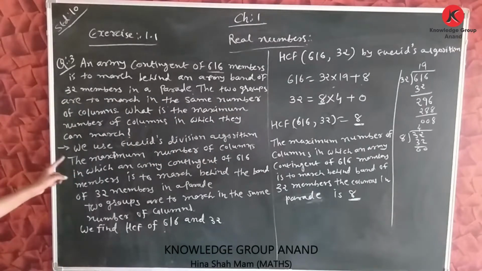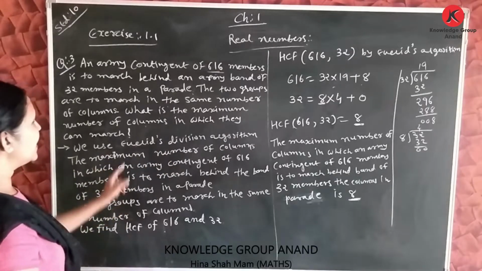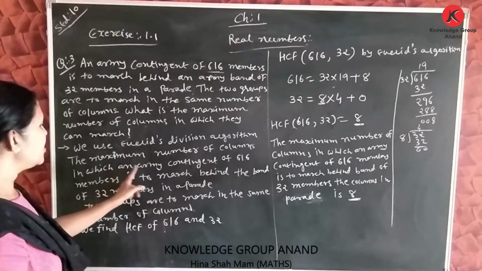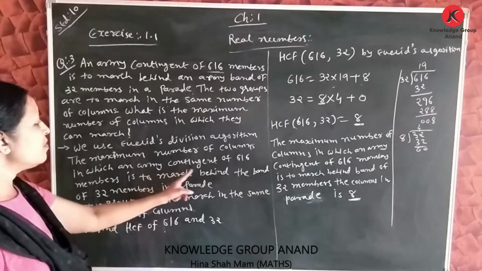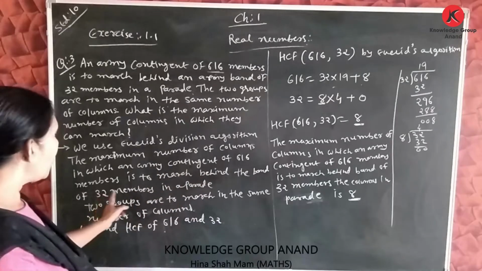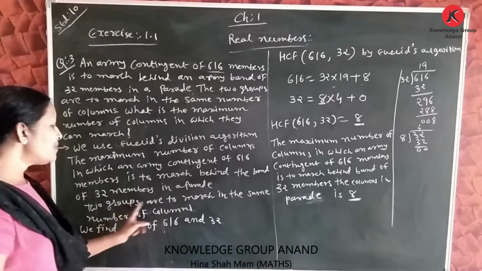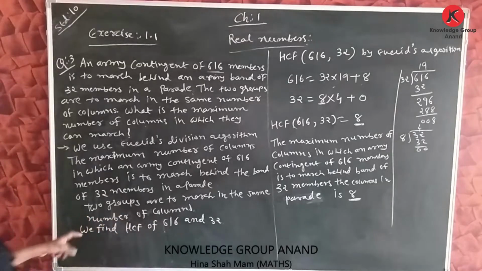Again, we use Euclid's division algorithm. The maximum number of columns in which an army contingent of 616 members is to march behind the band of 32 members in a parade, the two groups marching in the same number of columns.